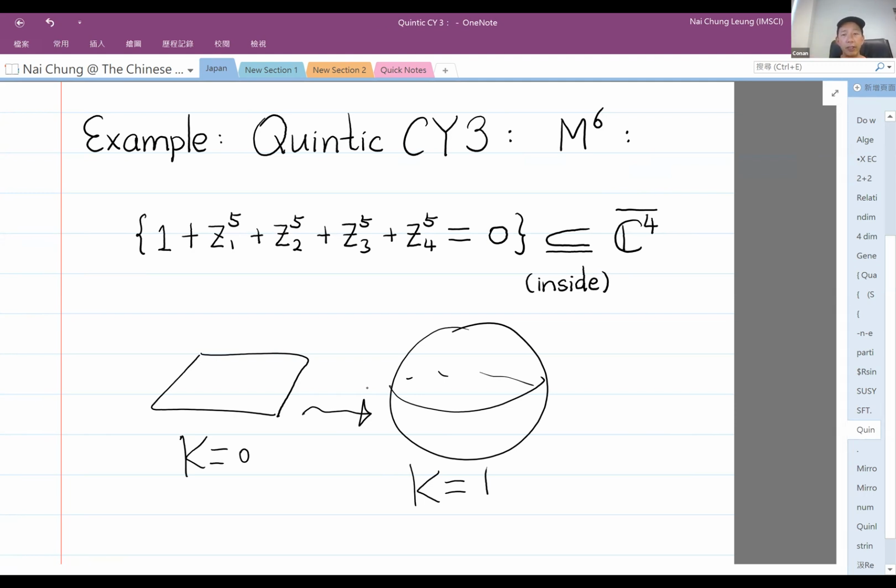In fact, this space is called CP^4, complex projective space. It will behave like this, and now has non-negative curvature. So you get a compact complex space, but positive.